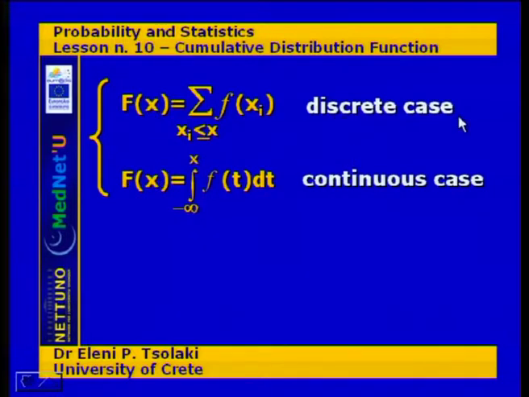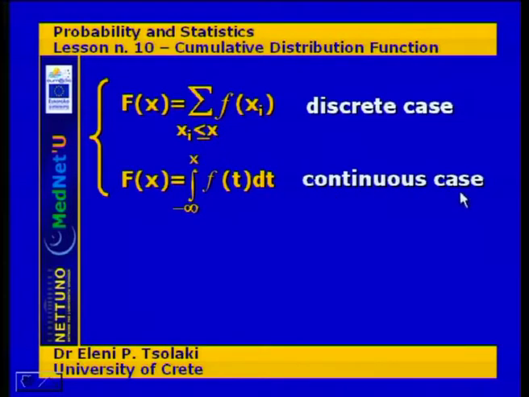In the discrete case, we have to sum the values of the probability function for values x_i less than or equal to x.